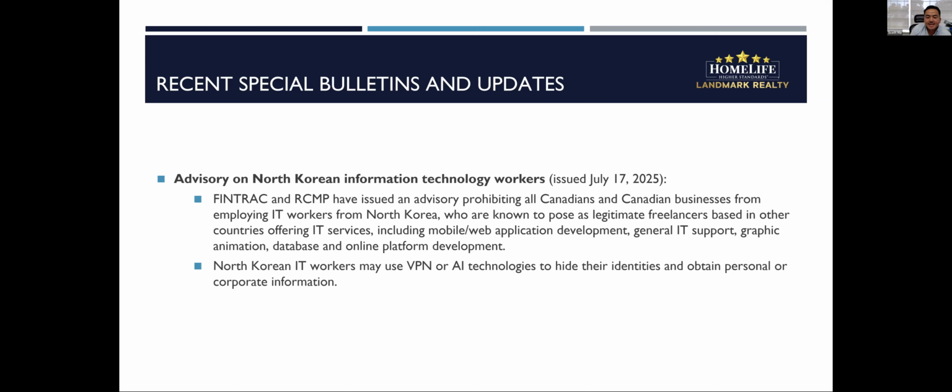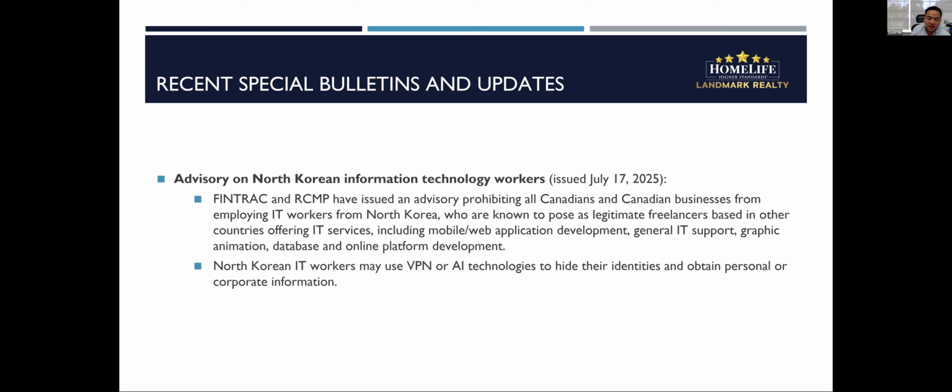That includes someone offering to design your website or someone offering general IT support and services. As agents, you just have to be on the lookout for anyone offering these services, especially if someone is contacting you out of the blue and you have no prior relationship with them. You do need to consider the situation and do some digging on who this person is, because these people are getting very clever and savvy.